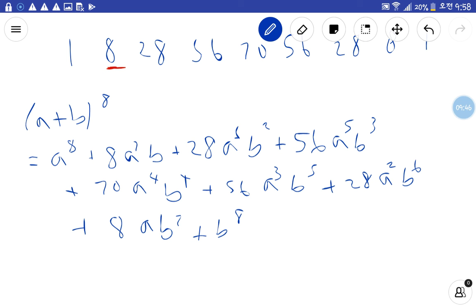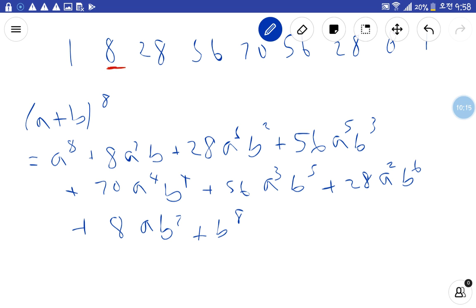Alright, so you can see the binomial theorem on page 327. The binomial theorem gives a general formula for expanding a binomial. So if you have a plus b to the nth power, and your n is a positive integer, then your answer would be this: p0 times a to the nth power plus p1 times a to the n minus 1 power times b.